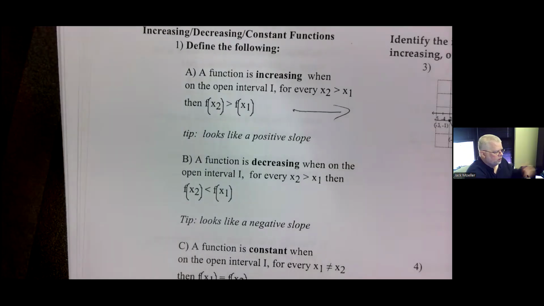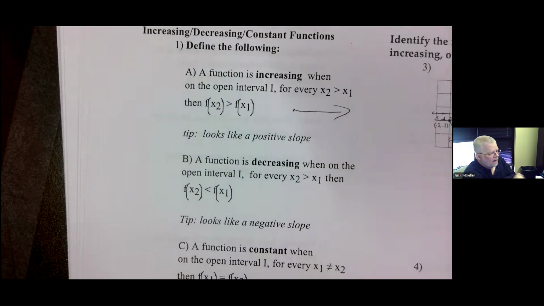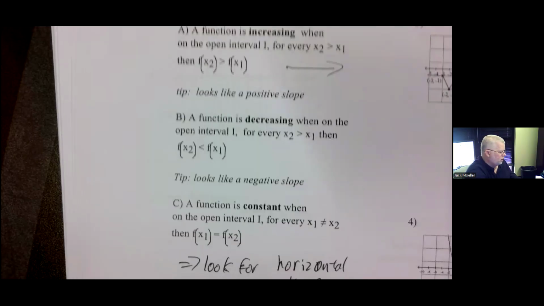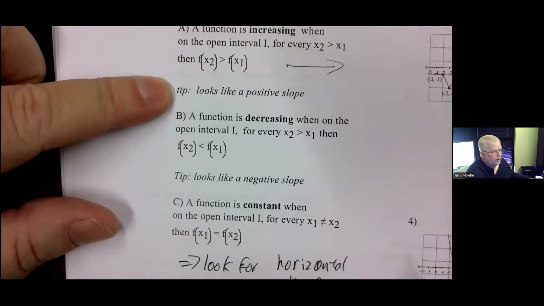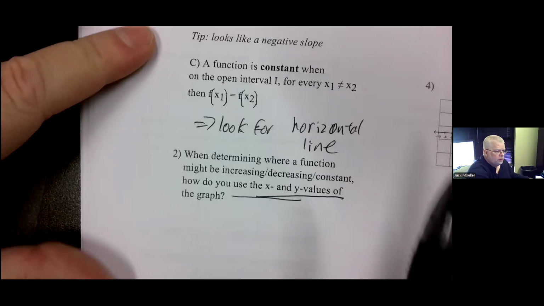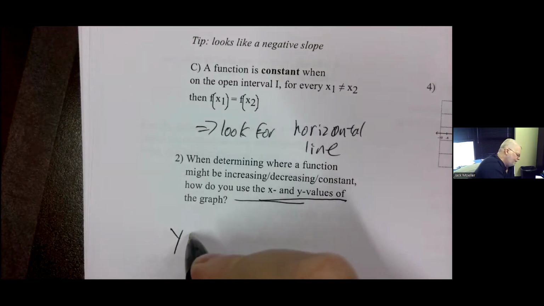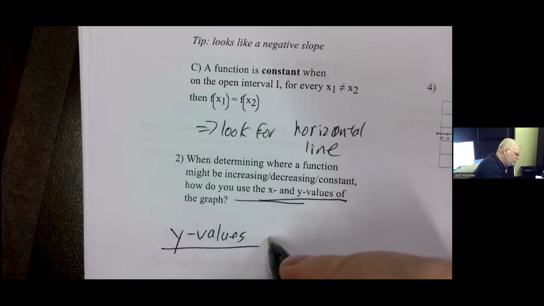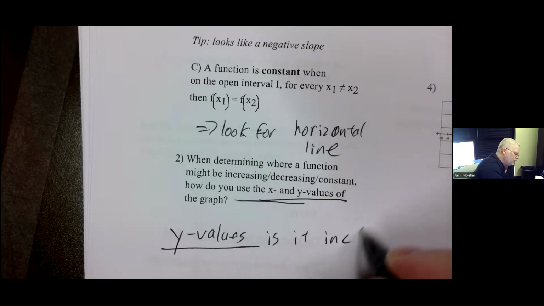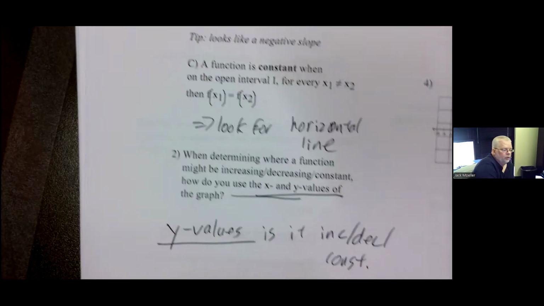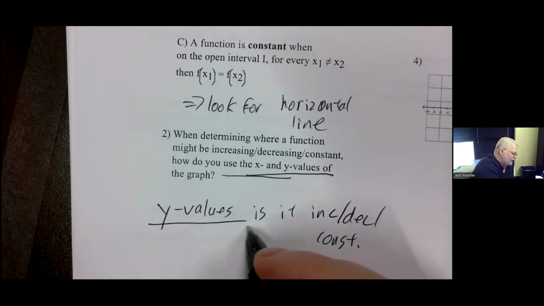So if you can look and see how the y values change as you go to the right, that tells you which one of these we're in. So you look at the y value to see if it's increasing, decreasing, or constant, which I'm definitely going to abbreviate.